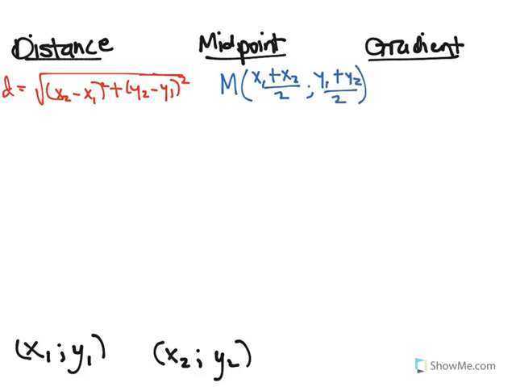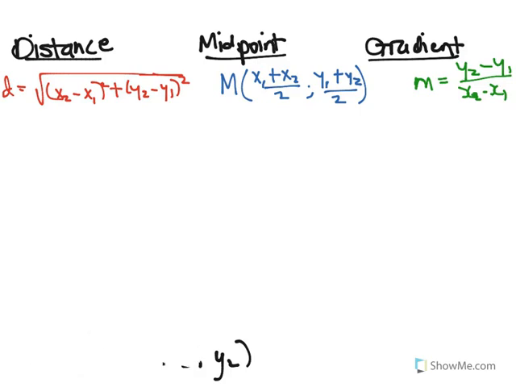And we've learned that the gradient is given by the difference between my y coordinates divided by the difference between my x coordinates, paying careful attention to the order that I use, right, because direction matters.